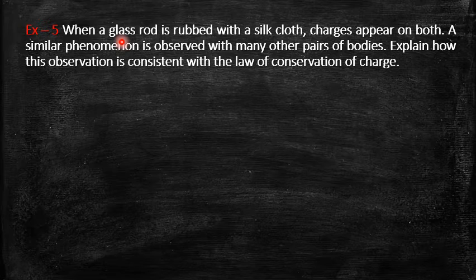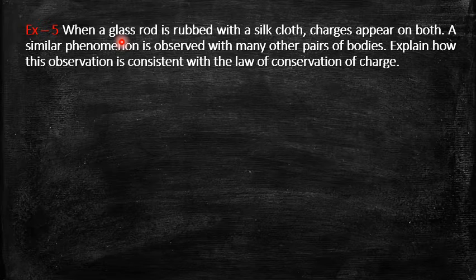But there is no entry of any charge from outside the system, so the net amount of charge is conserved, isn't it? Previously the system was electrically neutral. After rubbing also, the system is electrically neutral. Charge is transferred from one body to another, but charge is not added to the system. So we can say that the law of conservation of charge is obeyed here.